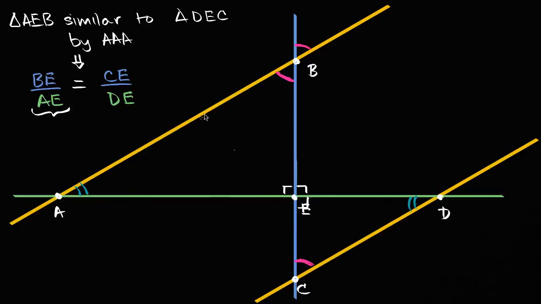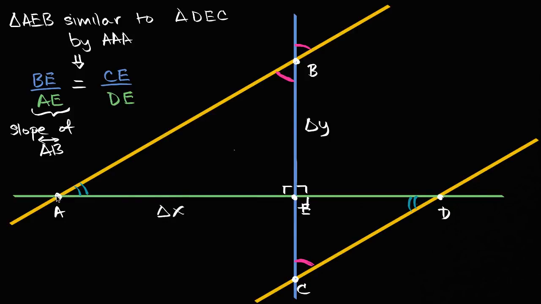We could say that's the slope of line AB. Remember, slope is, when you're going from A to B, change in y over change in x.